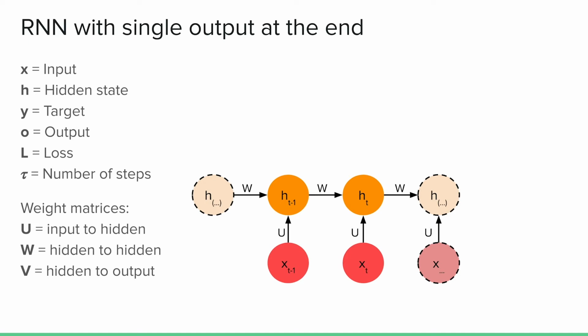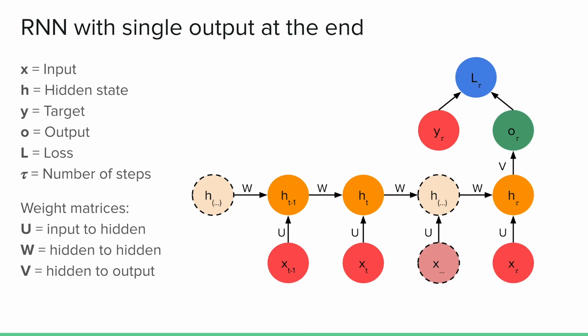So let's clear up the terminology here. X would be our input, and that input is a sequence. So at each time step we process the next sample. We have our hidden state H, we have our target Y that we want to predict, and our actual output that comes as the last step, and a few other things.